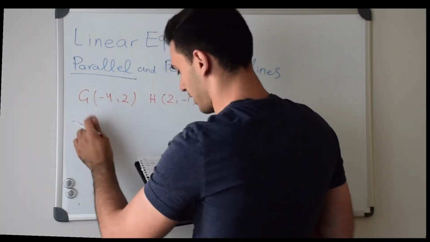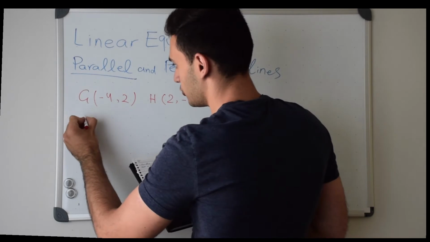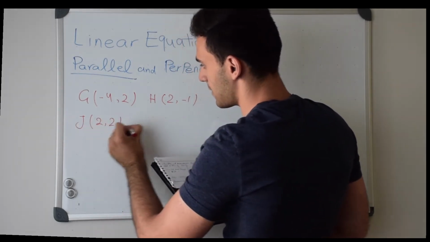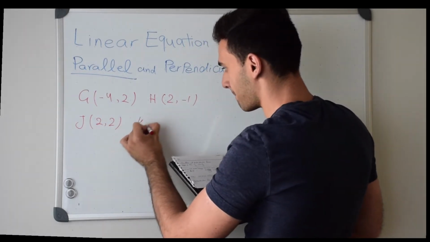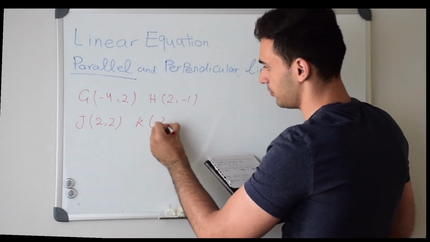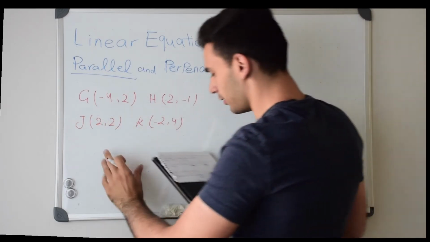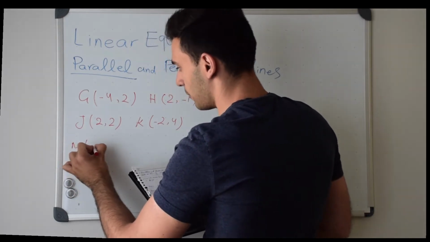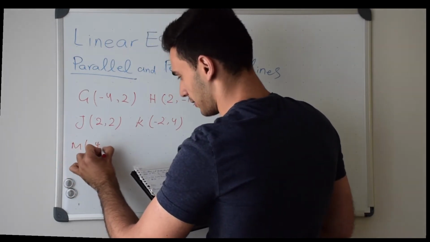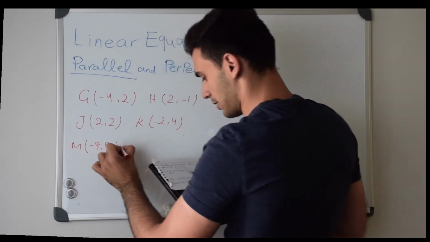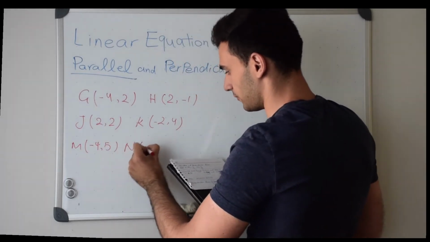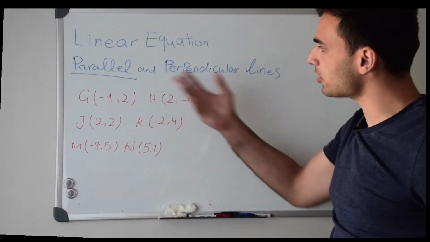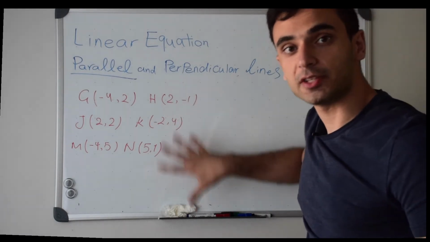Line JK passes through point J (2, 2) and point K (-2, 4). And there's another line, MN, that passes through point M (-4, 5) and N (5, 1). The question is asking, what is the relationship between these lines?